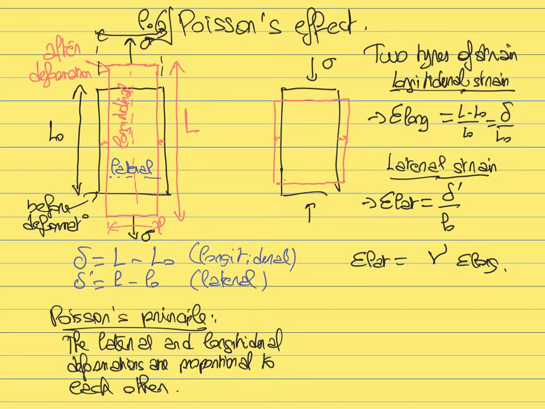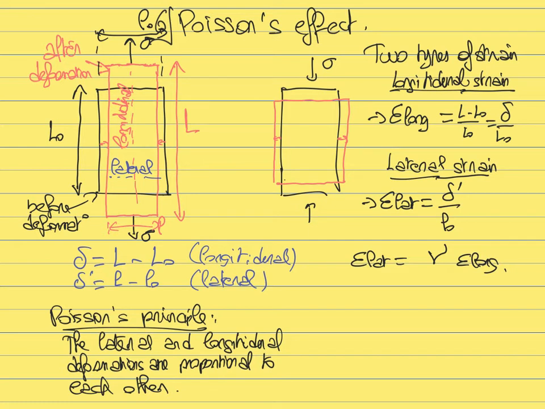every time you elongate a material along the longitudinal direction, it's going to shrink laterally. While when you compress a material along its longitudinal direction, it's going to elongate laterally, which means that when you have a positive longitudinal strain, then you will necessarily have a negative lateral strain, and vice versa.